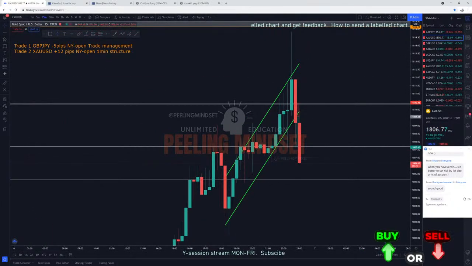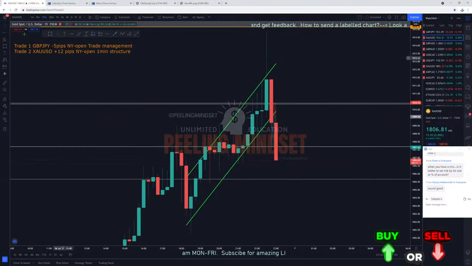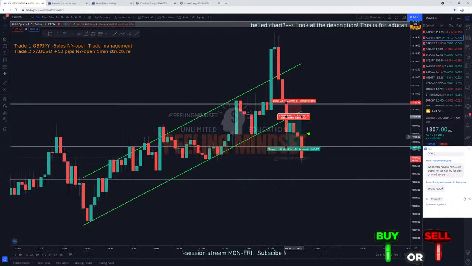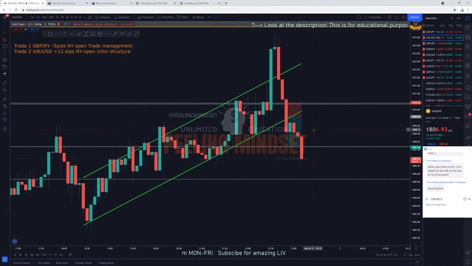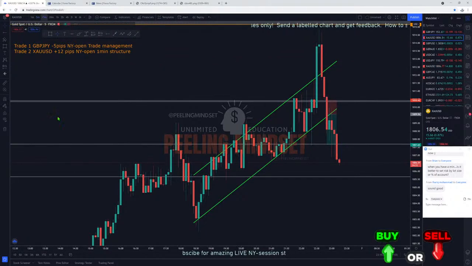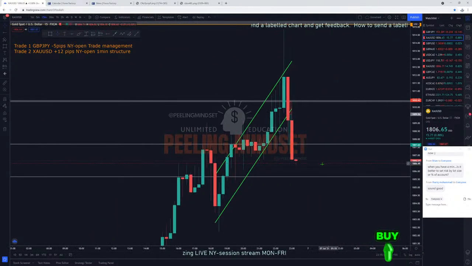Ooh. Gold is pushing down. Man, oh man. It's really interesting. Wow. Gold is just pushing down. About 15 minutes away from the NYSE open.